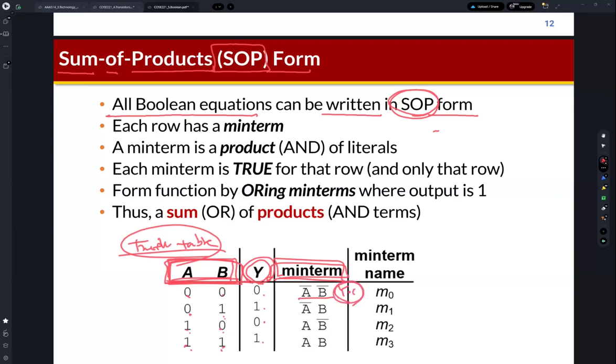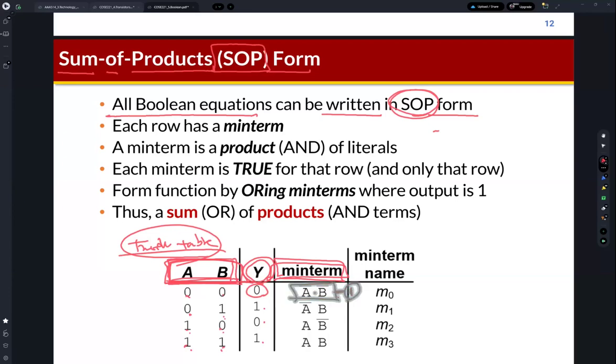In this example, in order to make this output 1, we need A bar multiplied by B bar. For only this case, if A is 0 and B is 0, then Y will become 1.